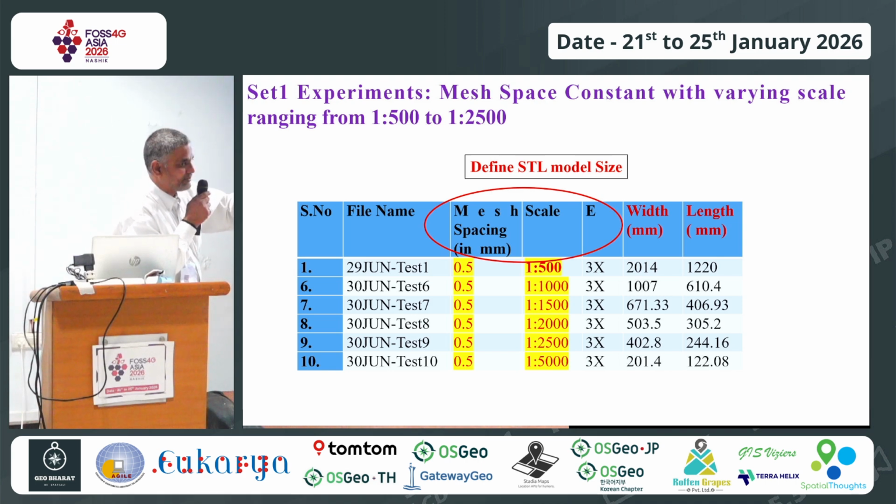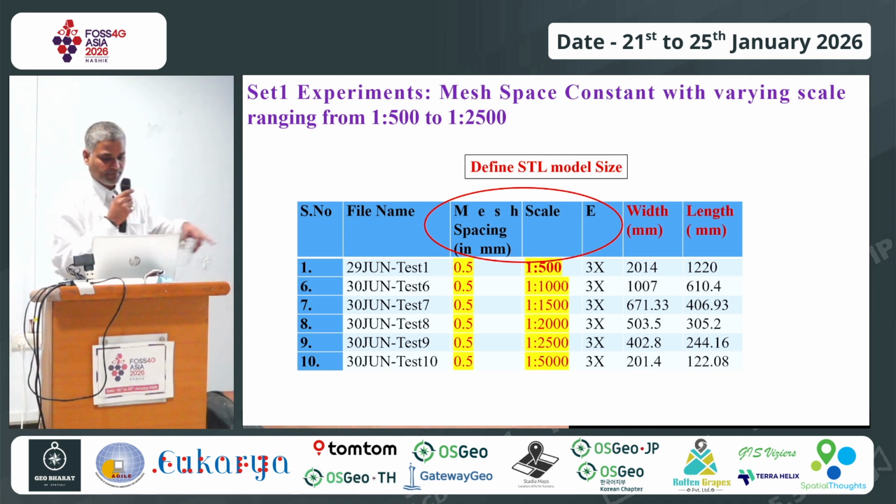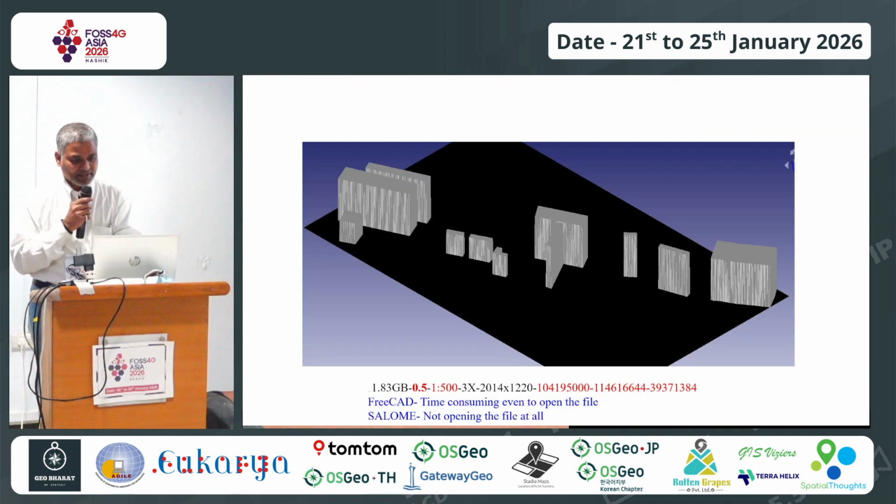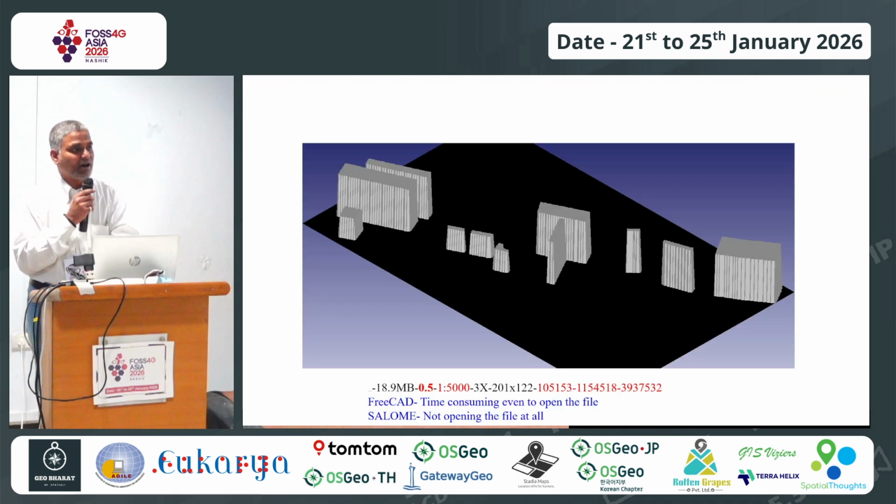I want to see whether anyone is going to ask about that one. I kept mesh spacing constant and varied scale, and similarly kept scale constant and varied mesh spacing. I did so many experiments, and in all of them I could get only these outputs for these inputs.